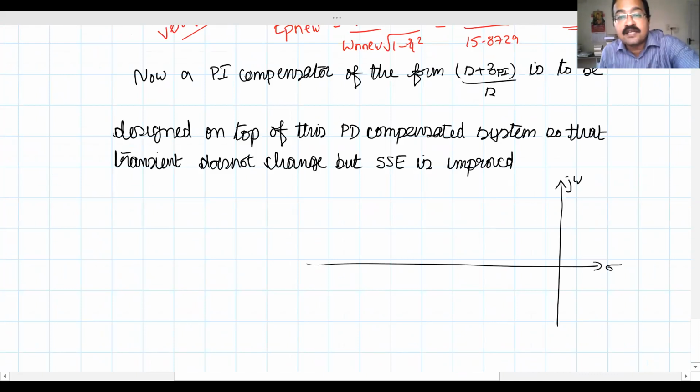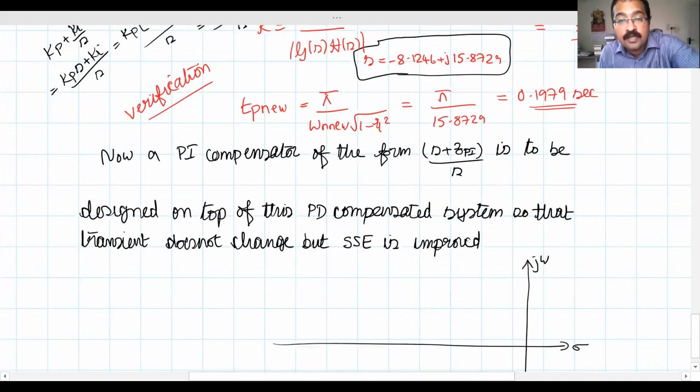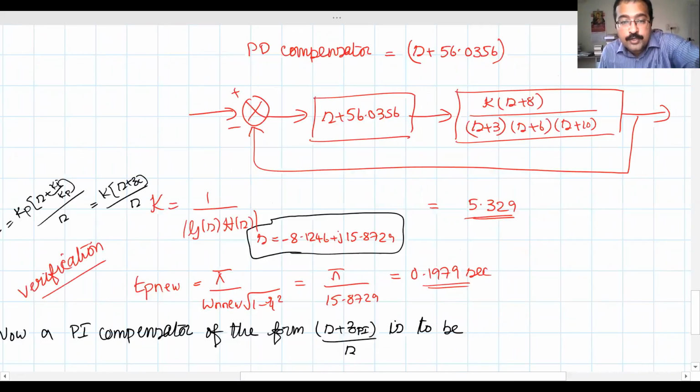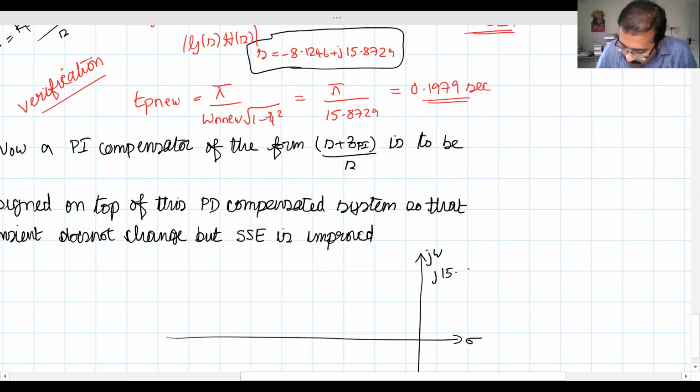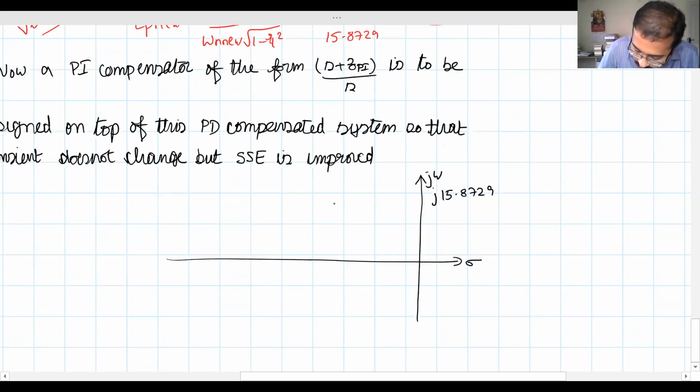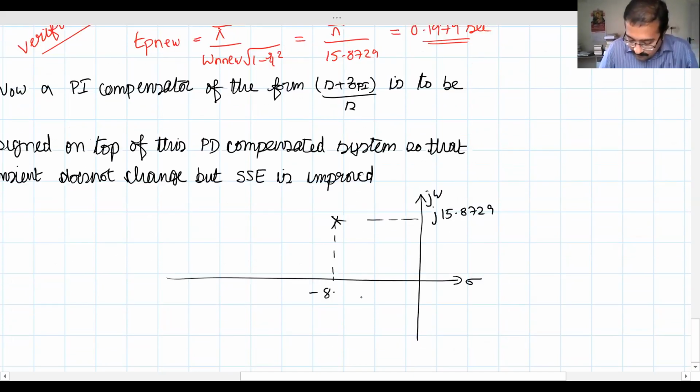The design dominant pole was minus 8.1246 minus j15.8729, and this was minus 8.1246. So this is the desired dominant pole, right?